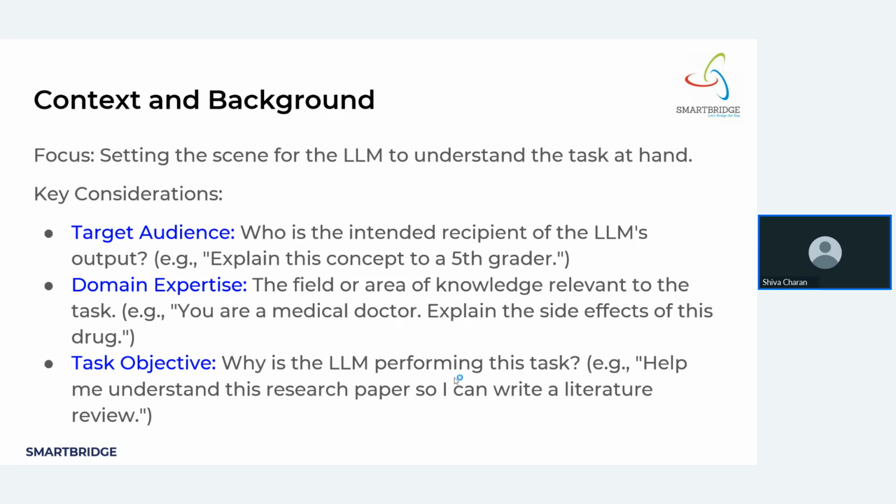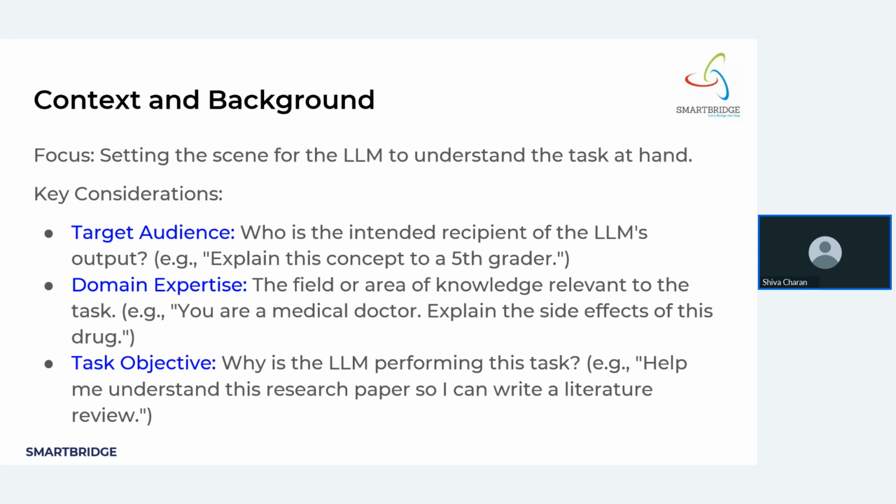If you see, here we have the research paper for the literature review. So help me understand the research paper. Up to the research paper is fine, but what is the exact task? The exact task is to understand the research paper so the end user can write a literature review. That's it.